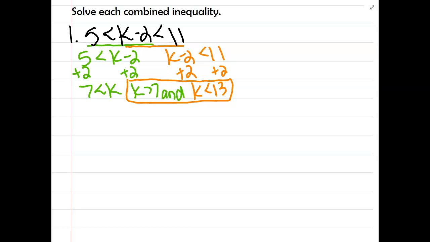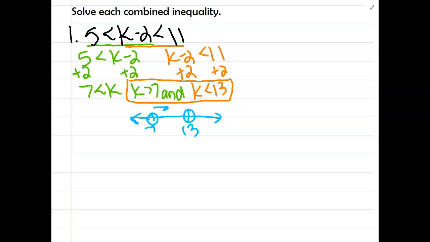So think about Central and Tyler, that's just the intersection, right? Central and Tyler is just the intersection. So when I graph this, I can go ahead and mark 7 and 13. At both 7 and 13, neither one of those are equal to, so both of these are going to be open dots. But I only want to shade the area that both of these inequalities have. So if I have k is greater than 7, well, that's all the numbers to the right of 7, even going beyond 13, right?